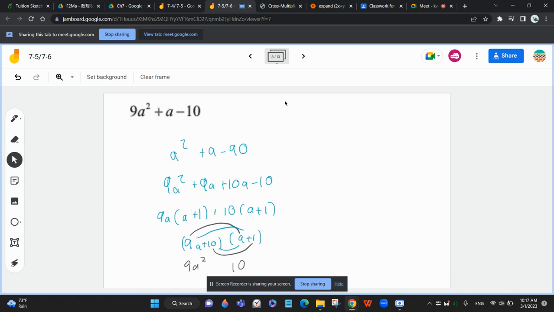So you get 9a square, and then you get 10, and then you get another 19a. So it means that there is somewhere that is wrong. Okay, so the mistake is over here. If you see that these two add up, you get 19a.